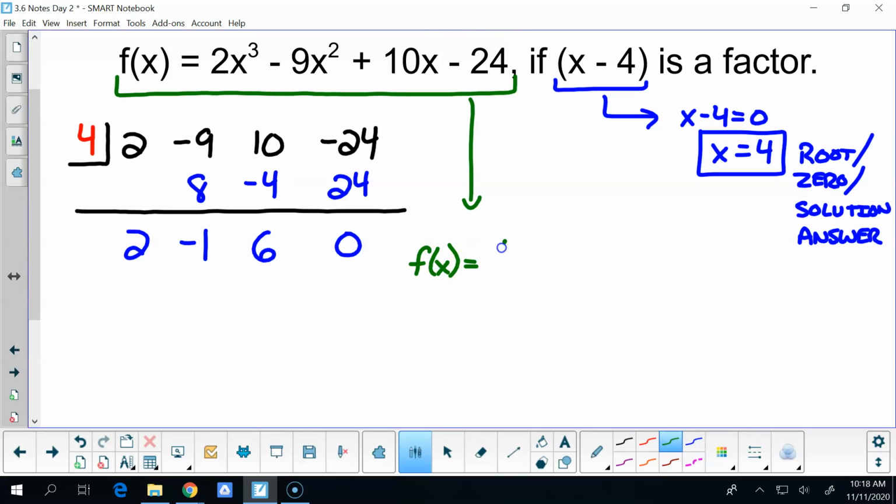So f of x now equals x minus 4 times 2x squared minus x plus 6.